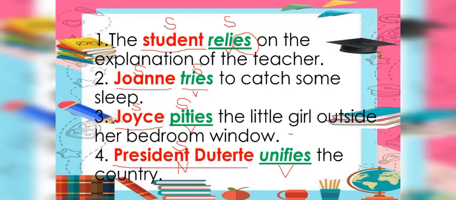Unifies is in a singular form of the verb. Always remember, class, that if the subject or the noun or the doer of the action is singular, the verb must also be singular.